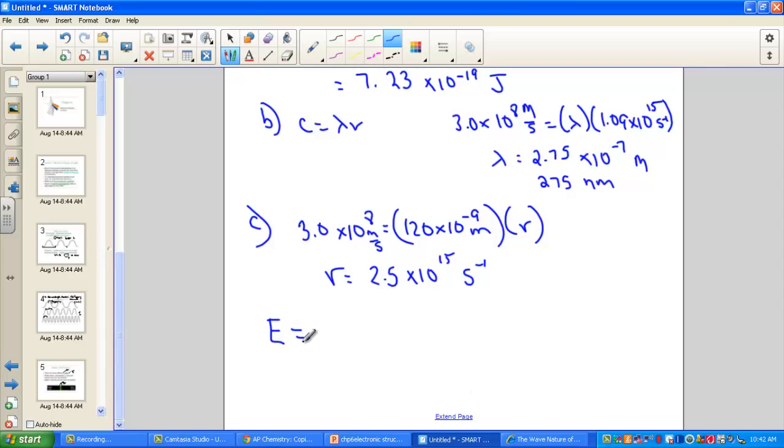We want to know the maximum kinetic energy. Energy is measured in joules, so we'll simply take Planck's constant, 6.63 times 10 to the negative 34th joule times second, and use that calculated 2.5, I should include 2 decimals there, times 10 to the 15th power as our calculated frequency. We'll find the kinetic energy.